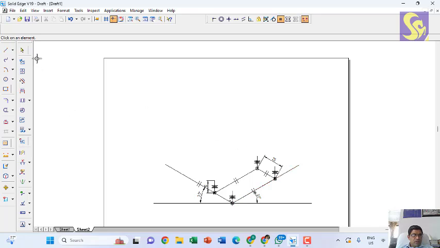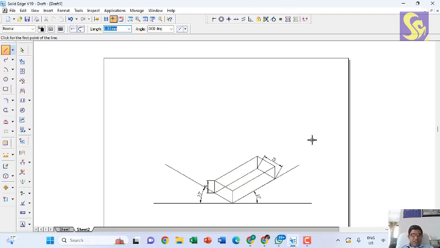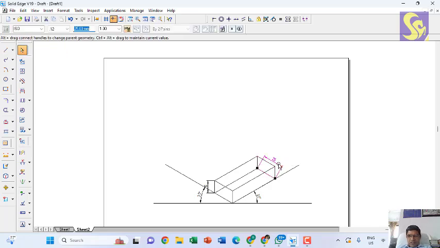Equal. So that I can get the top being connected. Yes. So this completes the base. I will give the dimension on the other side later.